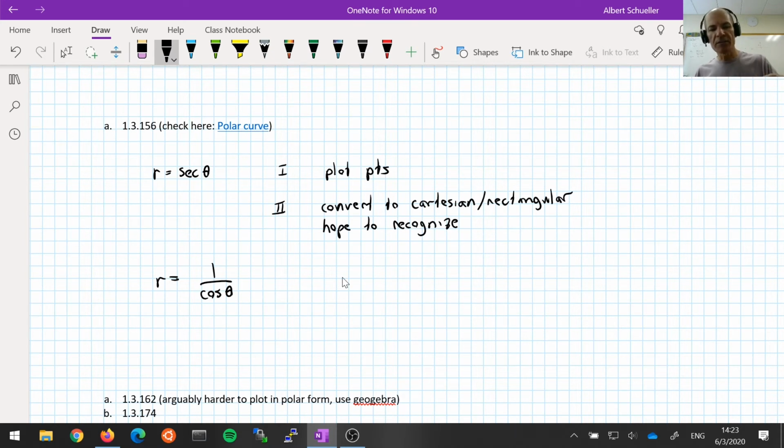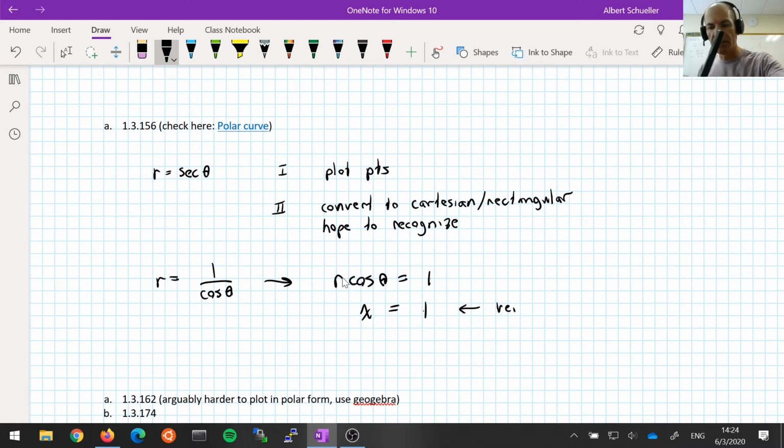If you stare at this long enough, you'll see that if you multiply both sides by cosine theta, on the left-hand side you get r cosine theta. On the right-hand side, you get 1. R cosine theta, that looks pretty promising. That's actually x. And what we see is a Cartesian equation that we recognize.